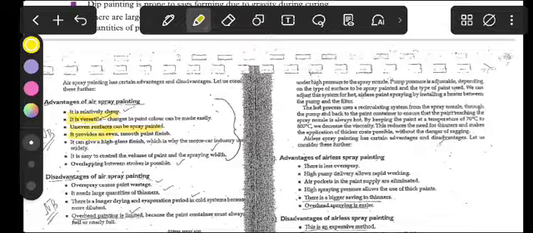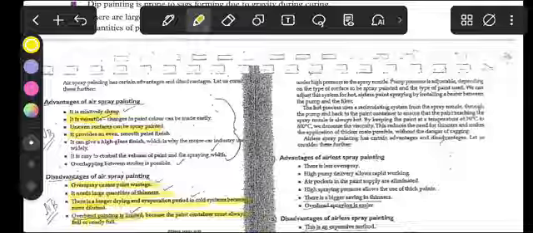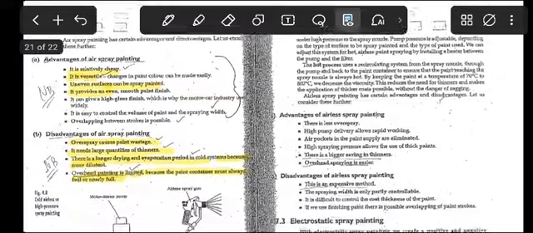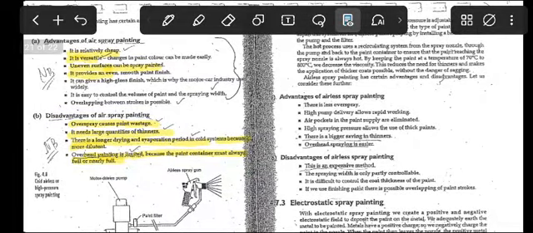Disadvantages here: overspray causes paint waste. It needs a large quantity. There is a longer drying and evaporation period. Cold system because the paint is diluted. Overhead painting is limited because the paint container must always be full. Airless spraying: these ones are short.